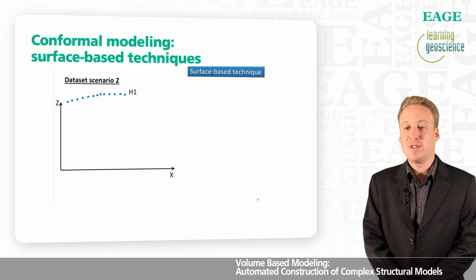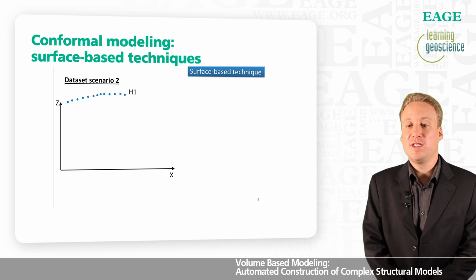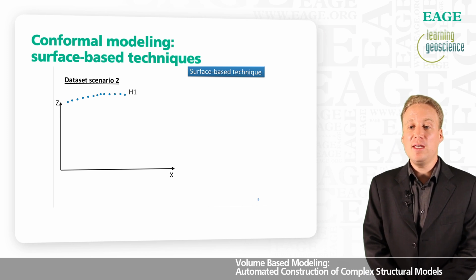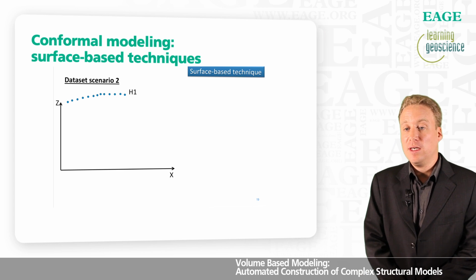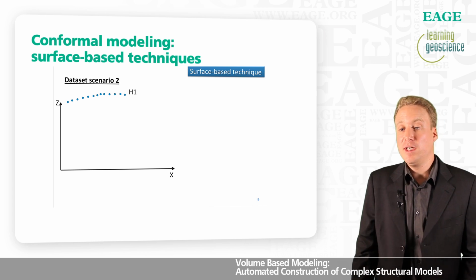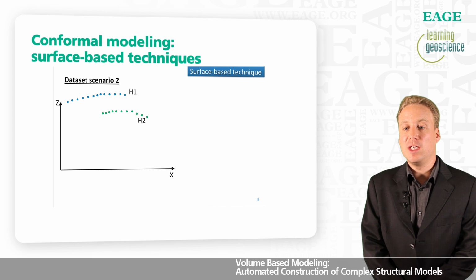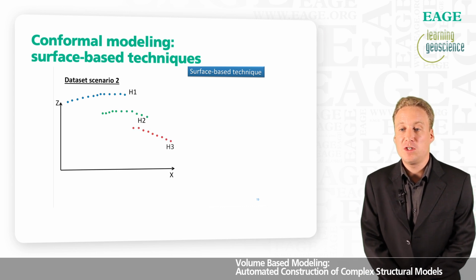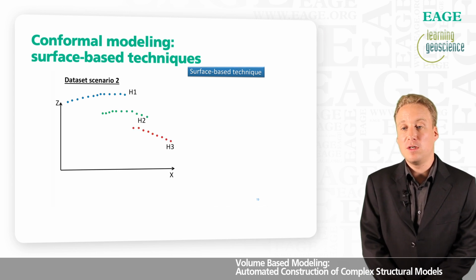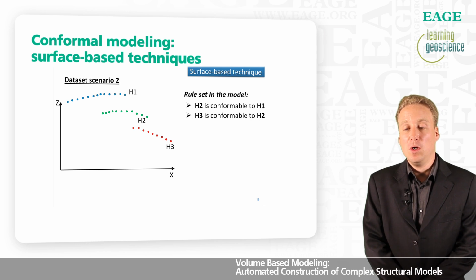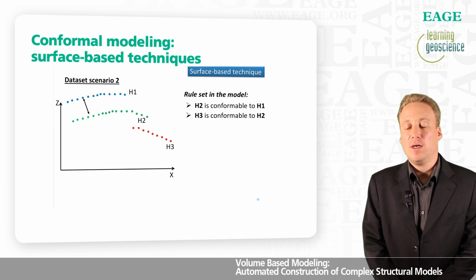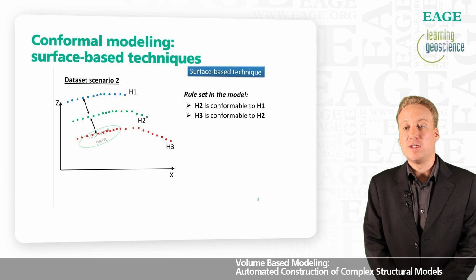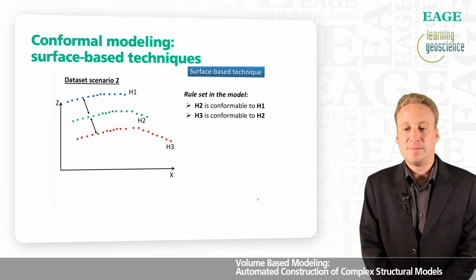It works well in simple scenario, but in more complex scenarios such as this one, where you don't have any dense interpretation covering the whole area of interest, it doesn't work everywhere. So here, if we set the rule that horizon H2 should be conformable to horizon H1 and horizon H3 should be conformable to horizon H2, what we'll see is that the technique will work on the left of the model, but cannot work on the right of the model because there is no data for H1.